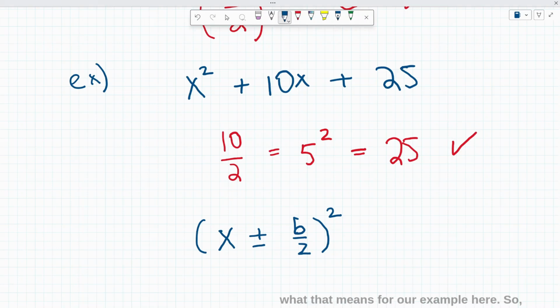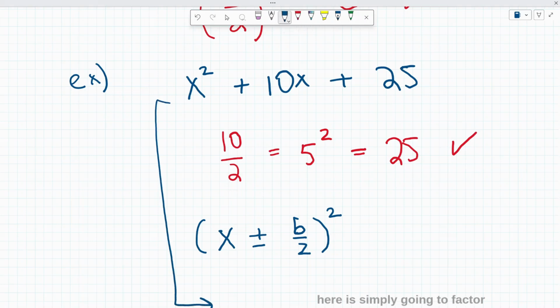Let's take a look at what that means for our example here. We have that our b value equals 10, and b divided by 2 equals 5. So our example is simply going to factor into (x plus 5) all squared. Now where does the minus come in?